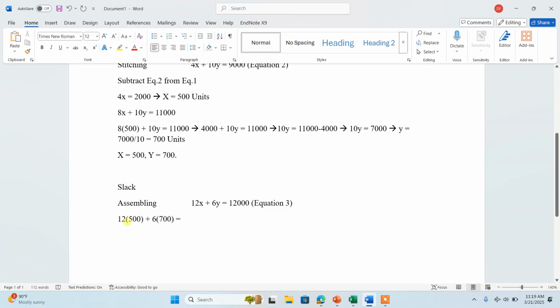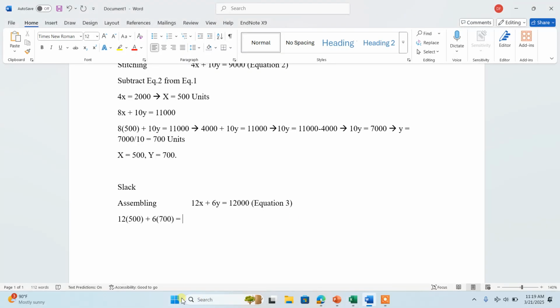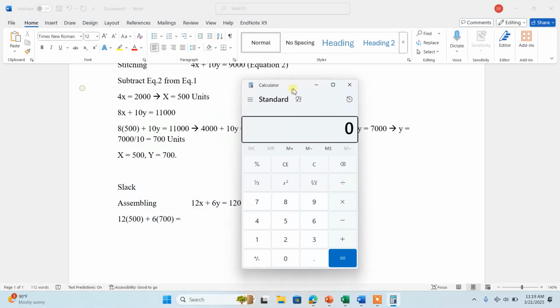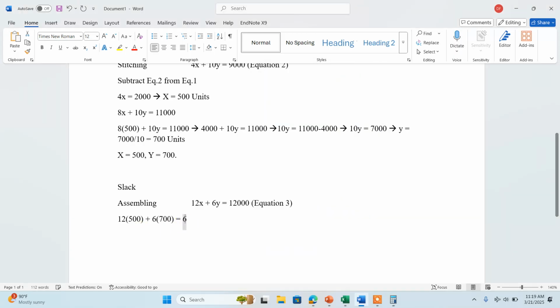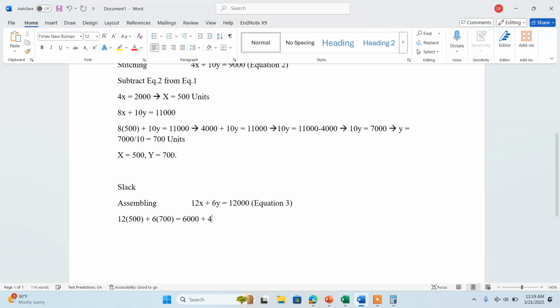So I can see that 12 into 500 means 6,000. Okay, you can see that. There is a calculator. 12 multiplied by 500, 6,000 hours required for X, plus how many hours required for Y? 6 multiplied by 700, 4,200.